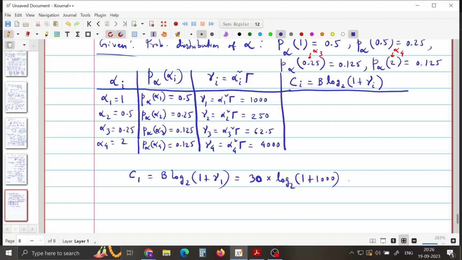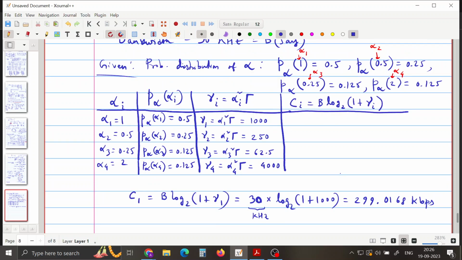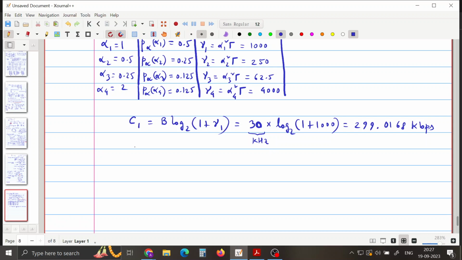If you calculate that, it comes out to be 299.0168, and this is in kilobits per second, because the 30 is in kilohertz. Kilobits per second will be the unit of capacity. Similarly you find C2, C3, C4.